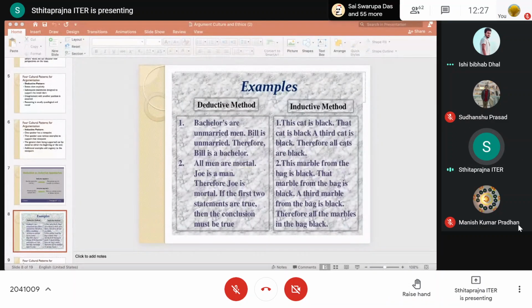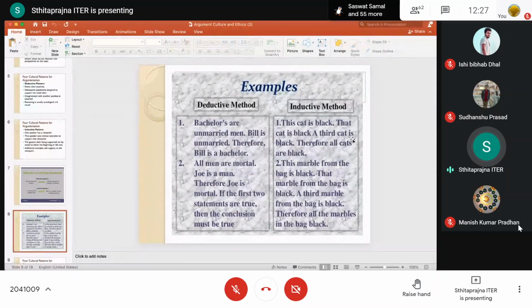Now, what the deductive method does is you give the rule first. So here's the rule: bachelors are unmarried men, and then I go on to give the example. Bill is unmarried. Therefore, Bill is a bachelor.